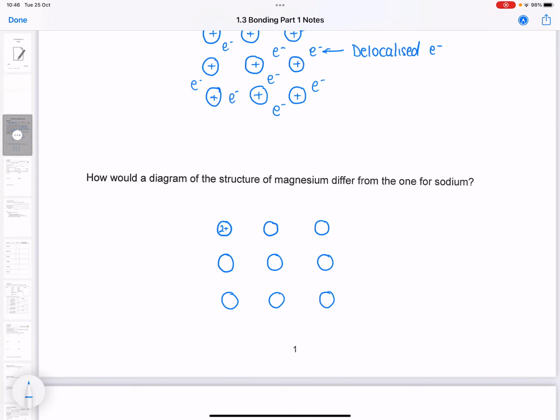But we do need to call them 2 plus ions, because magnesium forms 2 plus ions. And then you need to think, for every one of these ions, we lost 2 electrons. So we need to double up on our free moving electrons and think about how many we're going to need in here.